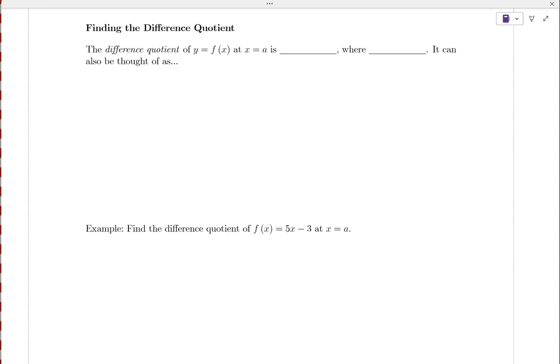So let me give you a definition of what the difference quotient is, and then I'll draw a picture here. The way the difference quotient is defined is f of a plus h minus f of a all over h. That's our difference quotient.